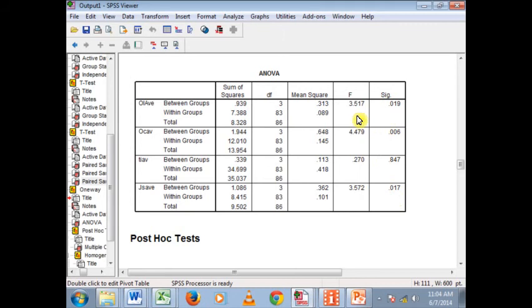You have to take note of this result. Although this is the degrees of freedom for the whole population, you have to look at the mean square, the F, and the significance, the P value. For the OI, the organizational commitment, the turnovers, and the job satisfaction, take note of the significant P value.